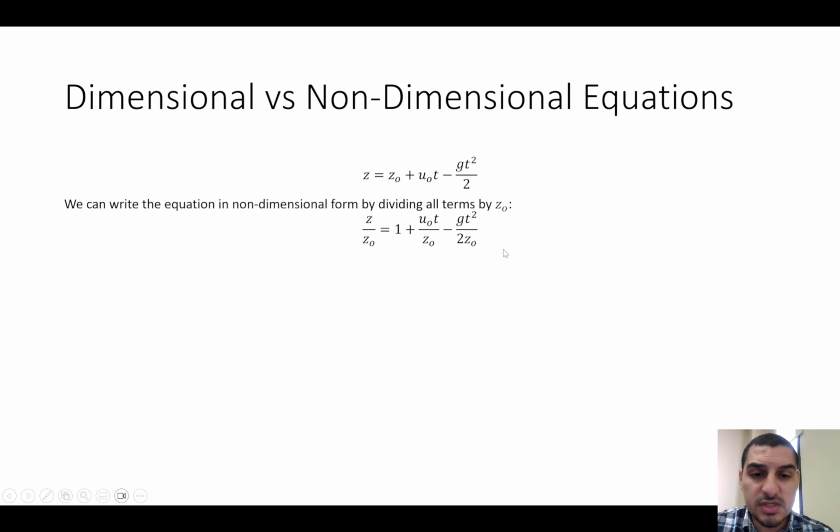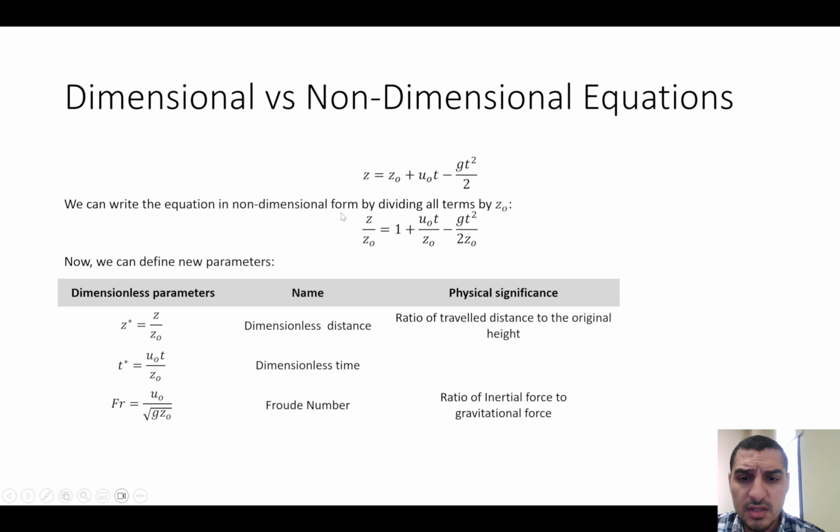So all these terms here are now dimensionless, and we can define dimensionless parameters now. So we can define z over z node to be z star. It's a dimensionless distance, and it gives us an idea of what is the distance traveled by the object relative to the original distance.